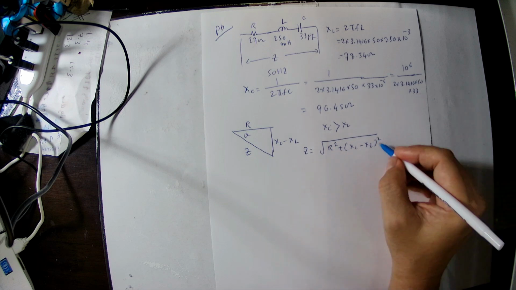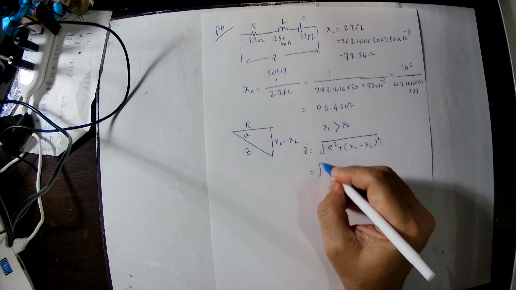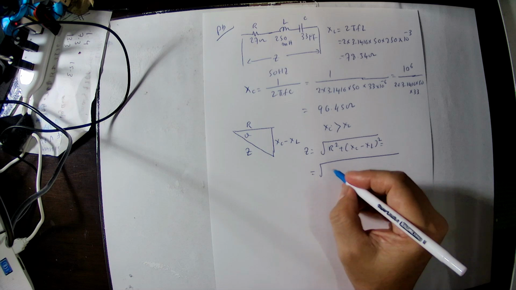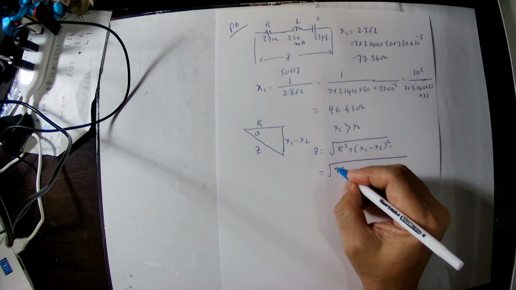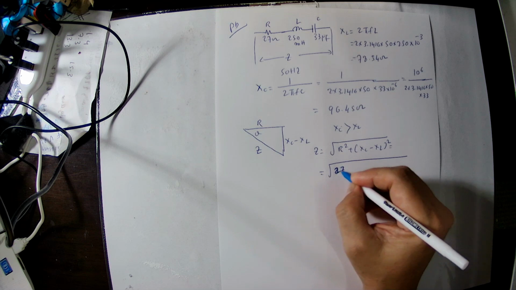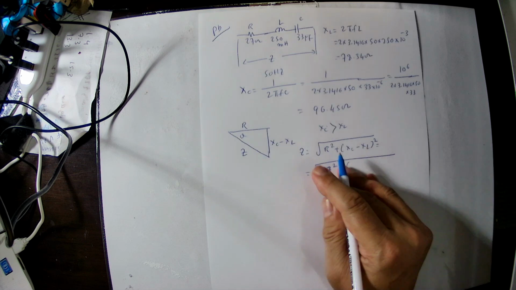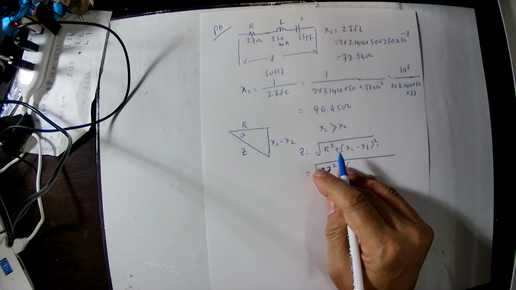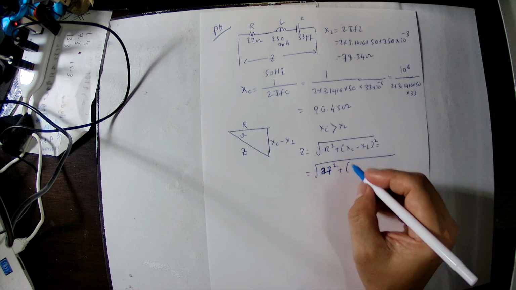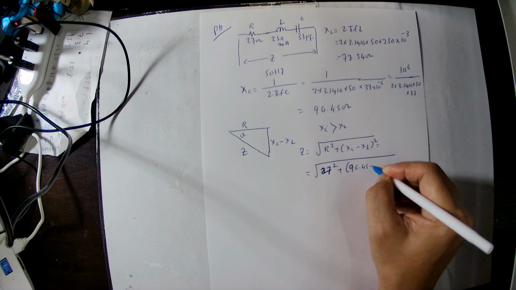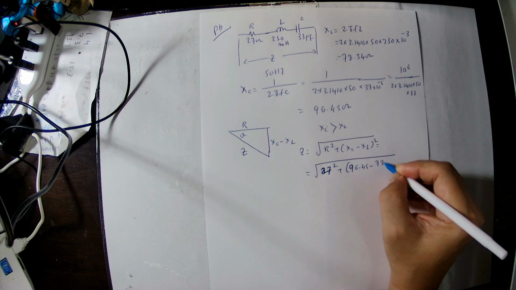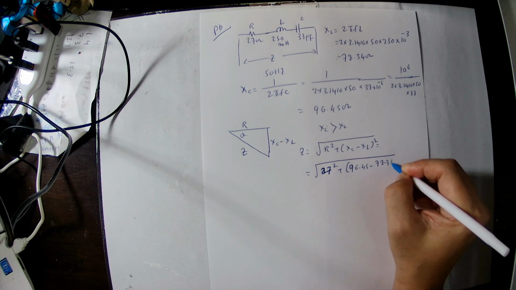So that will be the square root of resistance value, given as 27, squared plus XC minus XL. XC is 96.45, XL is 78.54.